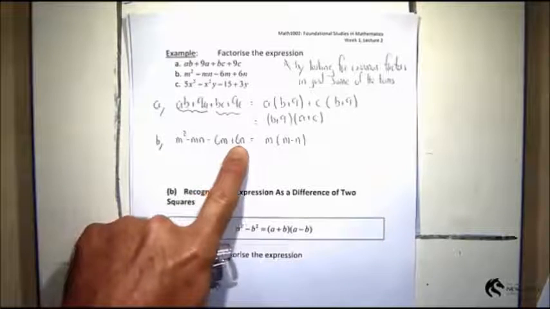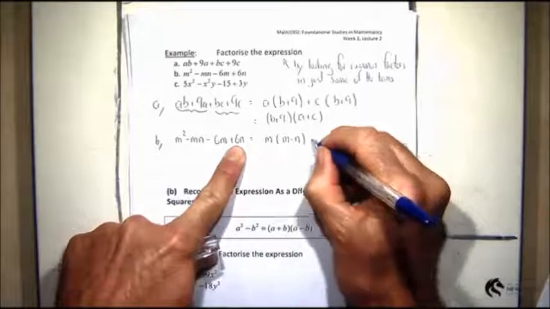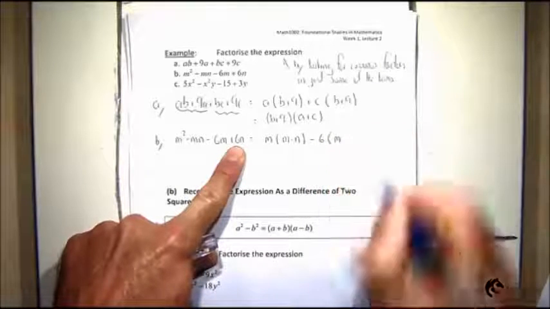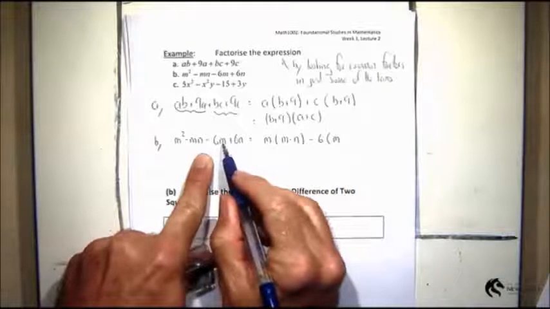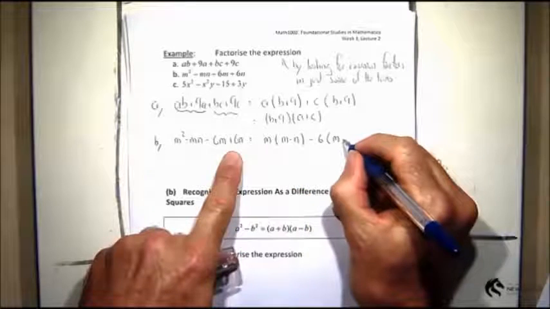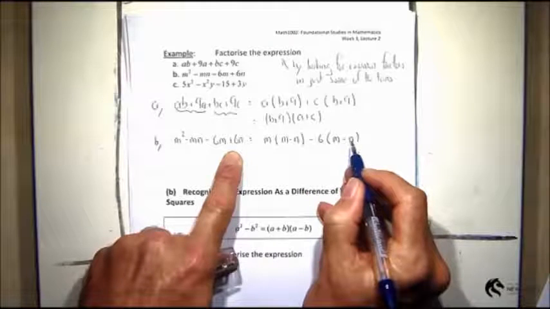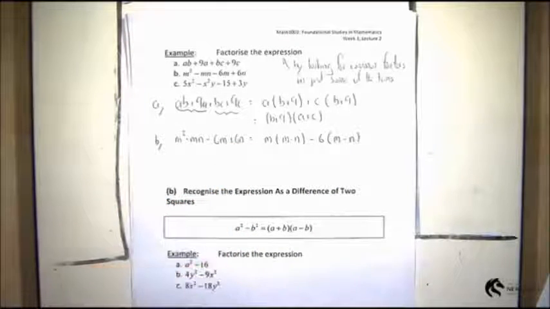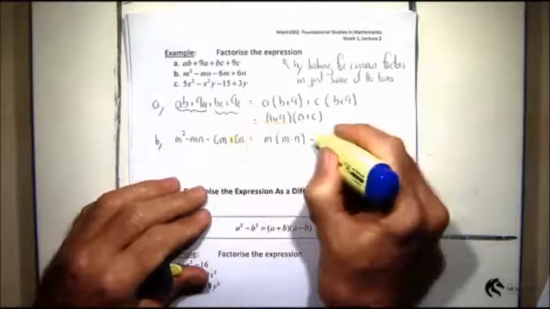The next 2 terms have a 6 in common, and I'm actually going to write this as minus 6 so that I actually get plus m in there, because minus 6 times m is minus 6m. Now to get plus 6m, I have to write minus n there, because minus 6 times minus n gives me plus 6n. So can I highlight that and say, look, that plus comes from that minus and that minus.